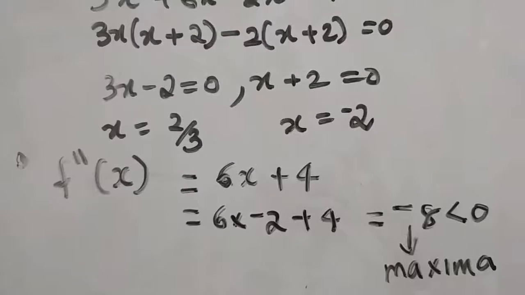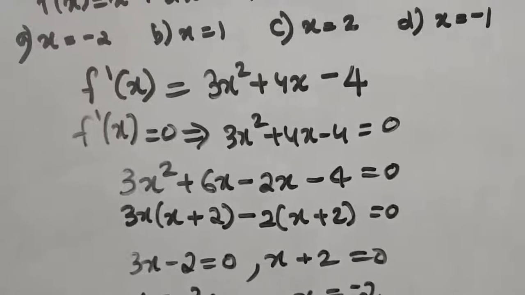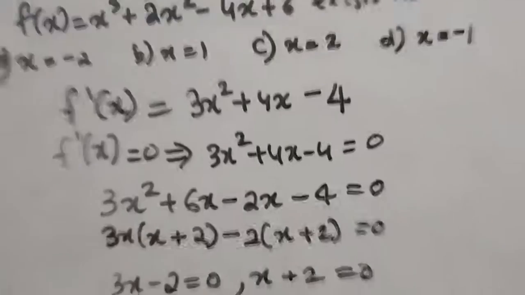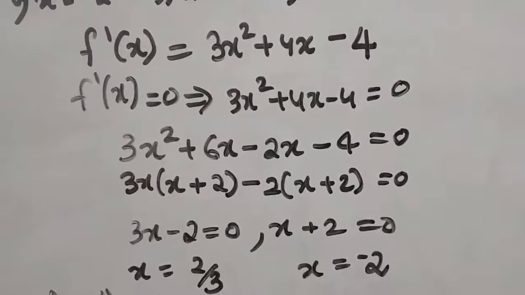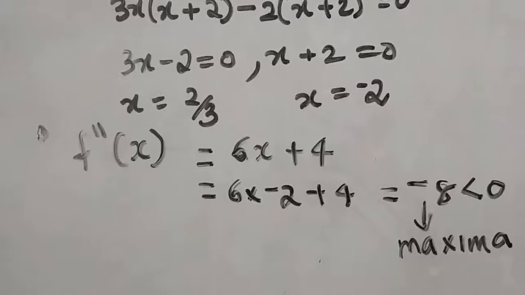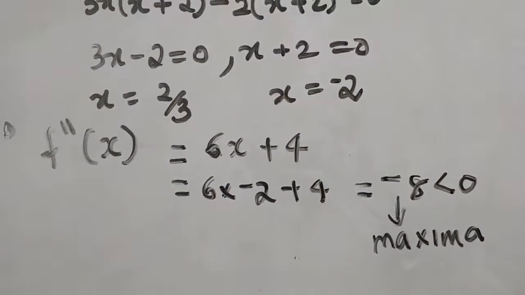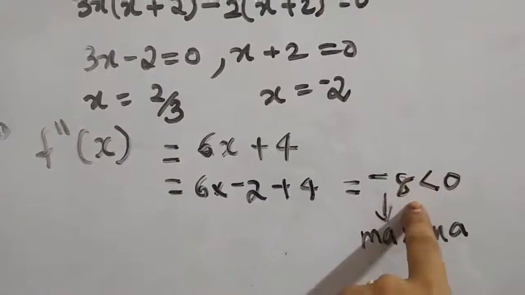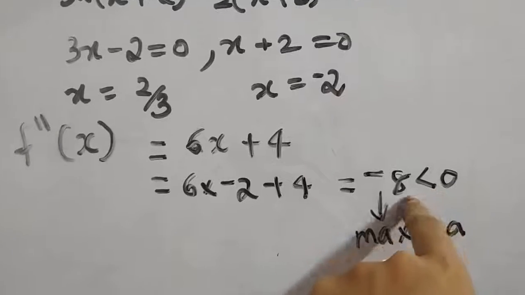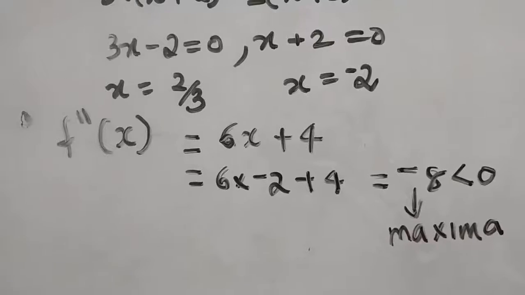So what all things you have to check? You have to first find f dash of x, then equate f dash of x to 0, then find the values of x, then find f double dash of x, then put the value of x. Then if you are getting a negative value, or value less than 0, we can write there exists a maxima.